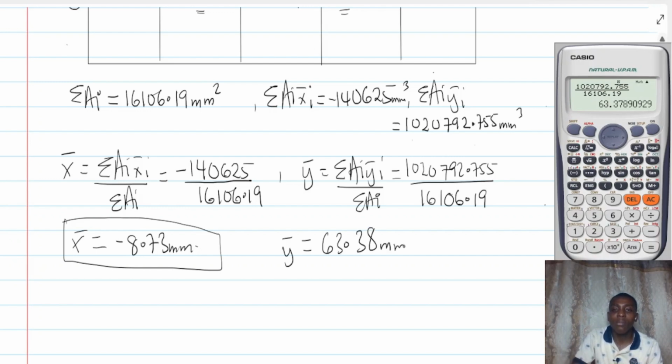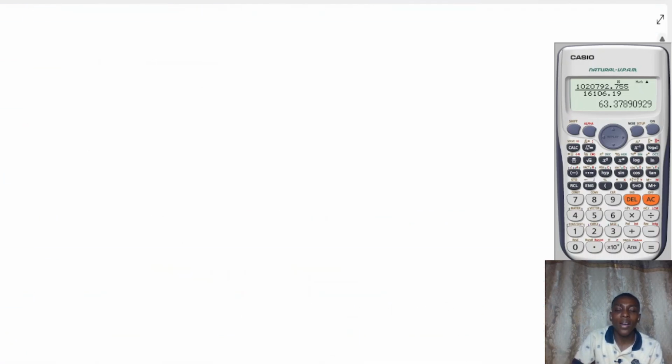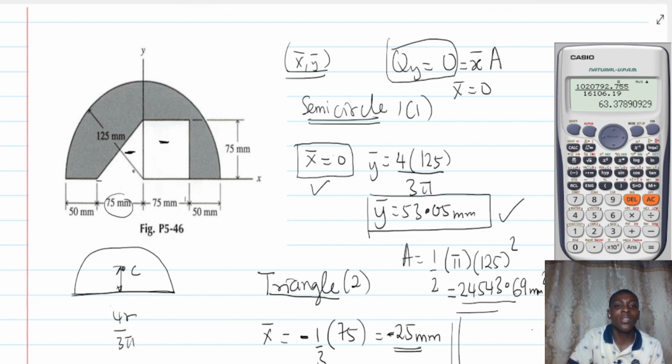63.38 millimeters. Now, intuitively, what this means is that if I want to locate the actual centroid of this, then it is somewhere along the x in this direction, which is 8.73. So let's say somewhere here. And then along the y, it will come up vertically, and that is 63.